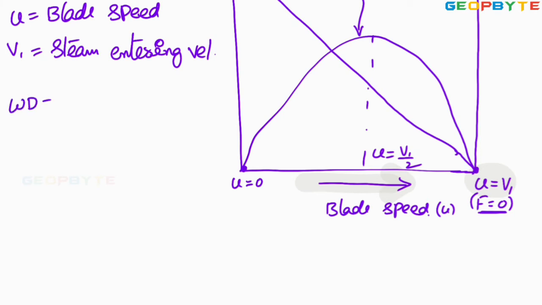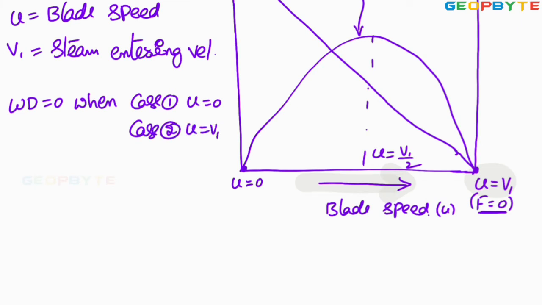Work done equal to 0 in case 1, u equal to 0, case 2, u equal to v1. Next, work done is maximum when blade speed equals half of the jet speed.